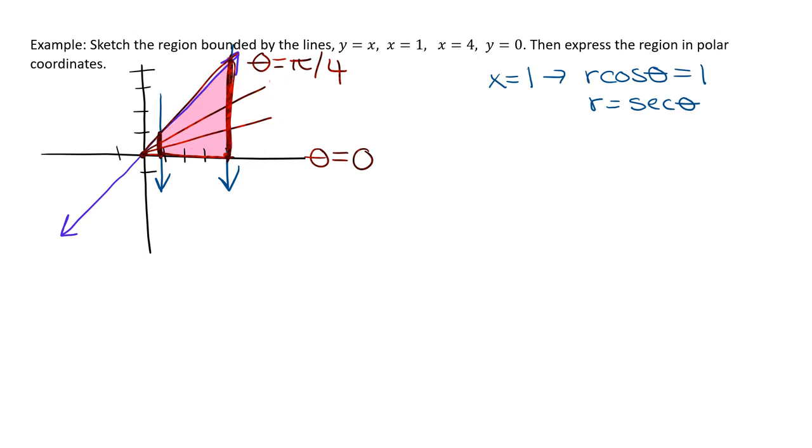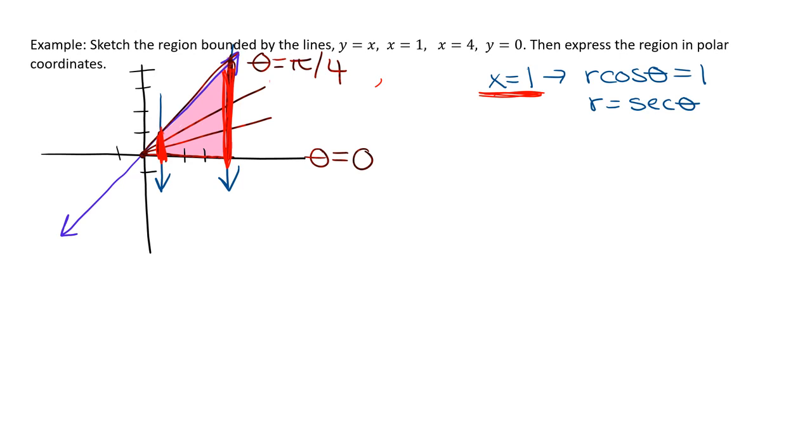Now the radiuses start at this line x equals 1 and then stop at this line x equals 4. So my r values, again, start at x equals 1. And so I'm going to take that line x equals 1, and I'm going to try to translate that into polar coordinates. So I remember that in polar coordinates, I can replace the x with r cosine theta.